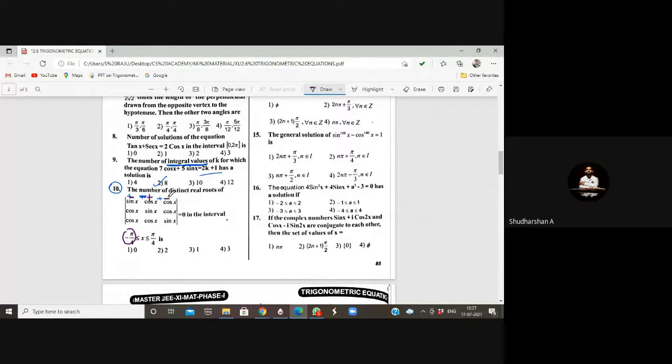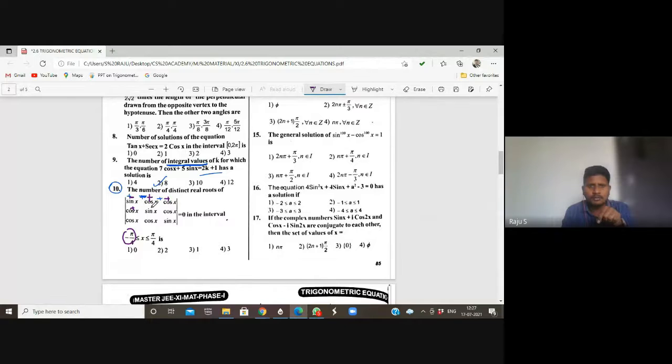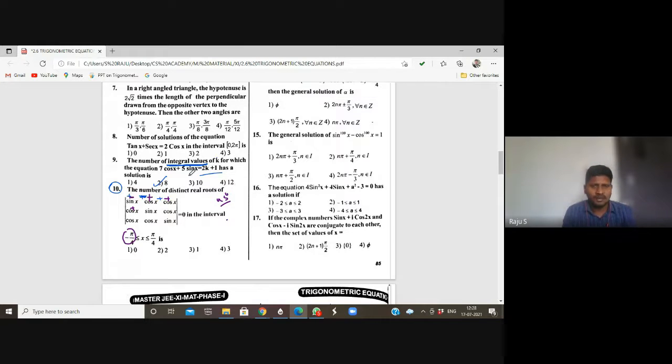The value itself is a secondary thing. At 45 alone, cos and sine have the same value. Other than 45, cos and sine are different. Whether the value is negative or positive, cos and sine are not the same, so the determinant should not be equal to 0.